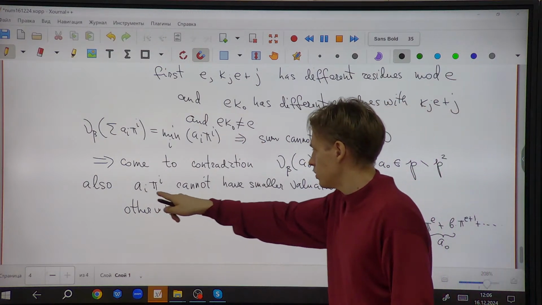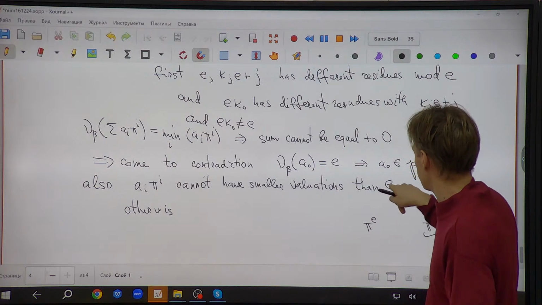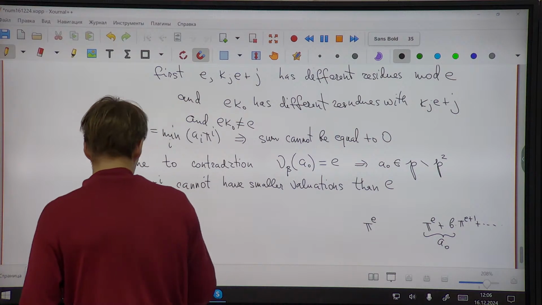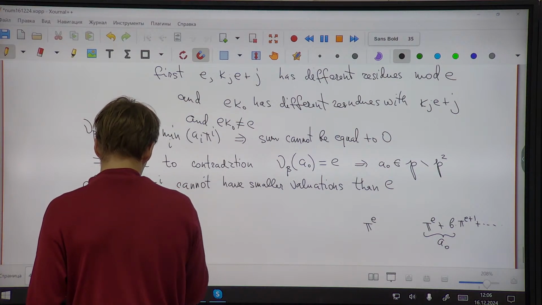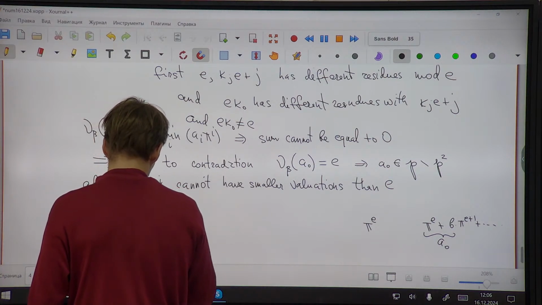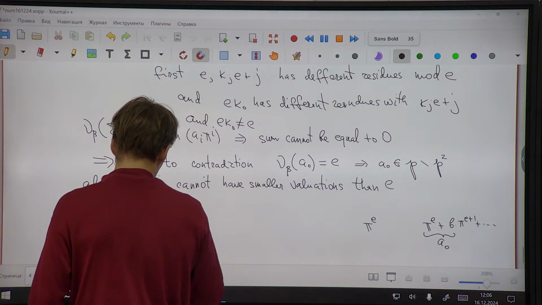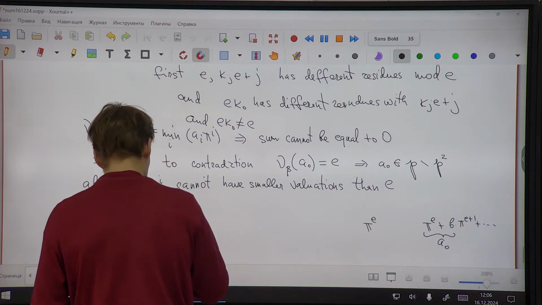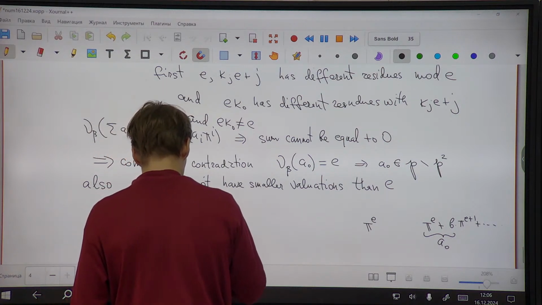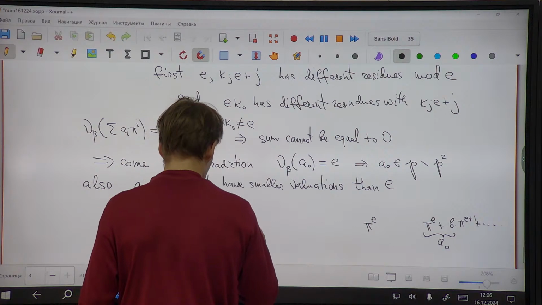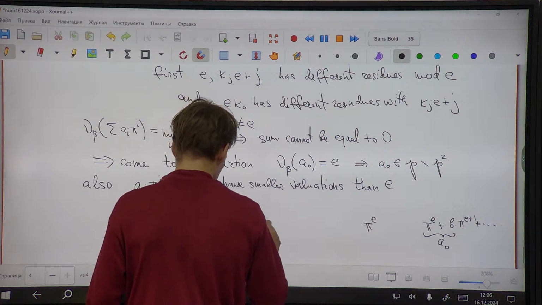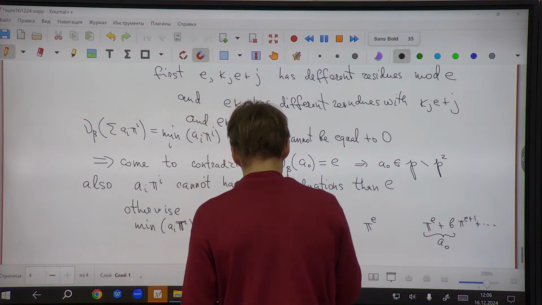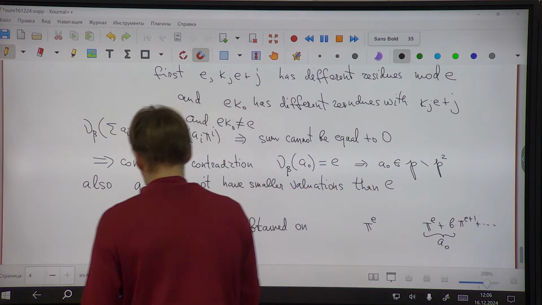But since they cannot have smaller valuation than P, the minimum of AI will be obtained only on one summand.